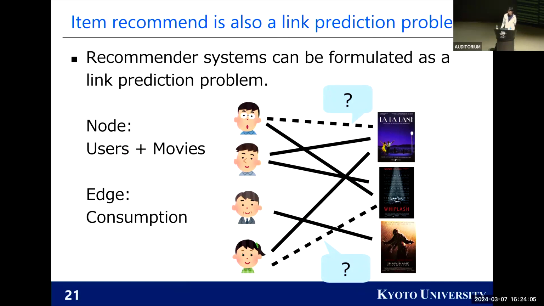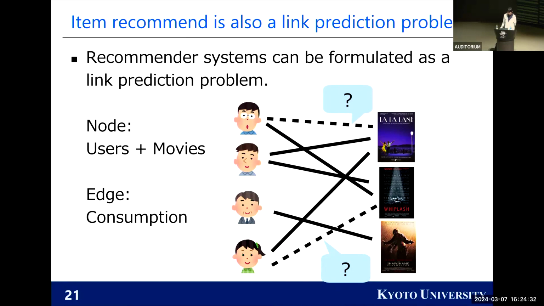By doing so, we want to know if there's a missing link between the users and movies, and by showing such movies to the user, we can help users find movies that they would be interested in if they watched them.